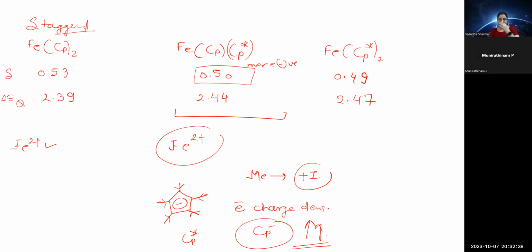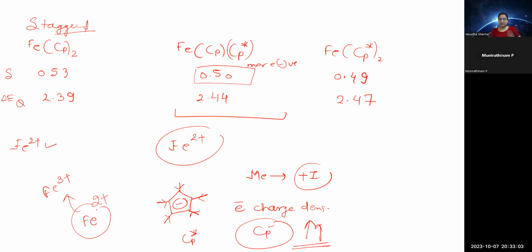So when this is increasing, since it is maintaining the overall charge, iron +2 starts going towards iron +3. That means on one side it is having more electron density, and on the other side the electron density is being removed. So it has to have a balance because it is maintaining its overall +2 charge.